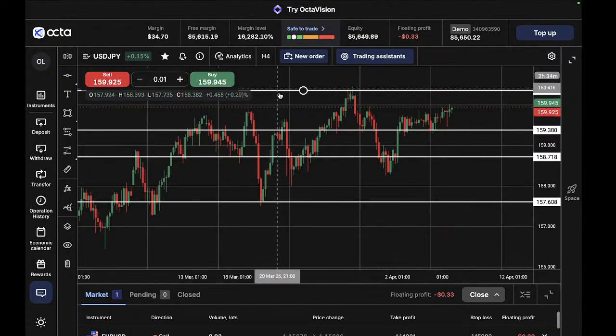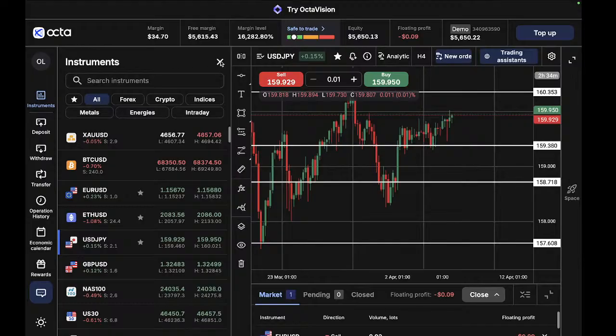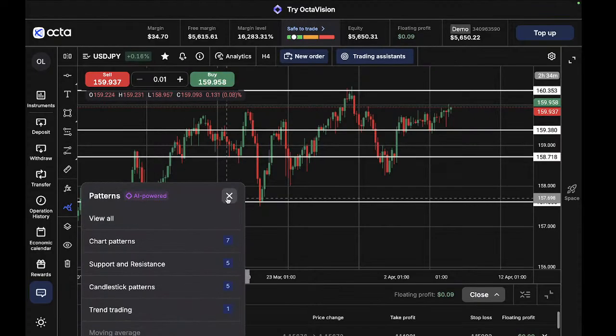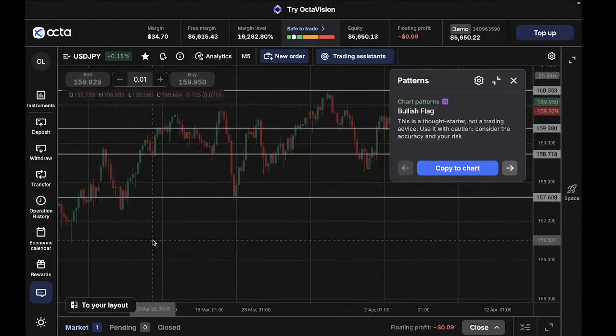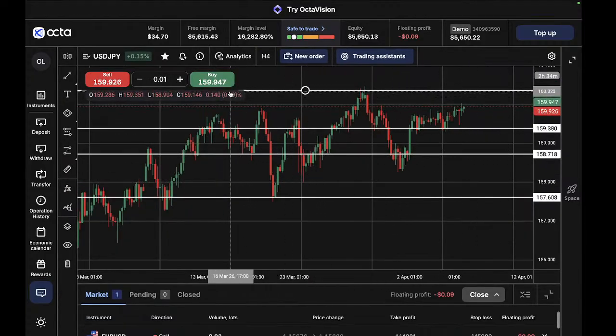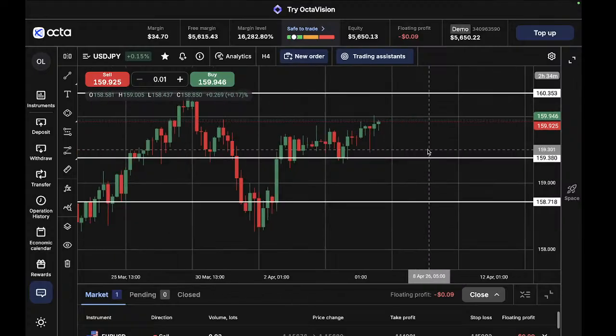I might switch from the candlestick chart pattern to a line chart. Okay, so here we have it, right? And we're able to map out levels of support and resistance.